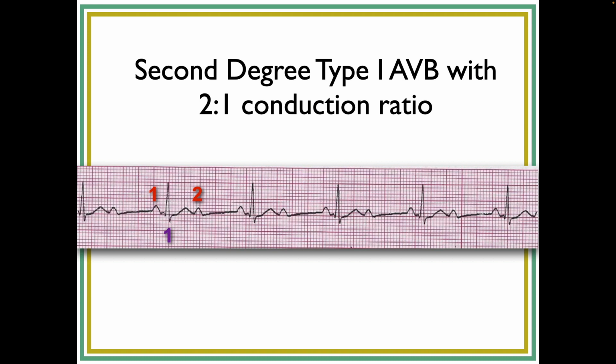So they don't get a chance to progress because it keeps dropping too fast. There's no chance for this PR interval to progress because it creates an orphan, and remember then it resets itself. Every time there's a non-conducted P with second degree type 1, it resets and goes back to where it began.